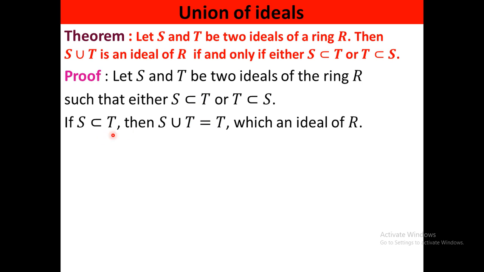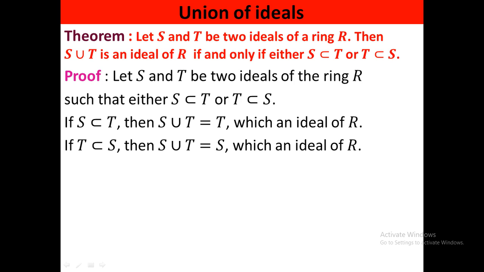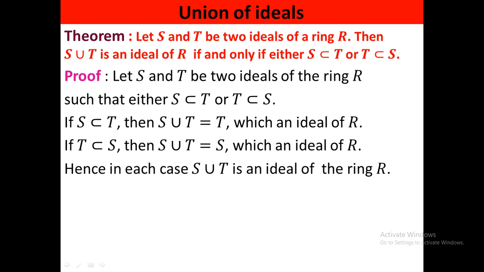If S is a subset of T, then S union T will be T, which is an ideal, given here. Again, if T is a subset of S, then S union T will be S, which is also an ideal of R. Hence, in both cases, S union T is an ideal. Hence, the theorem is proved.